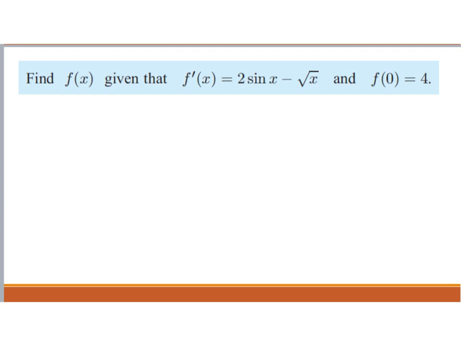Let's take another example. So f of x will be the integral, in this case, of 2 sine x minus root x dx. Or let's rewrite this as 2 sine x minus x to the 1/2.